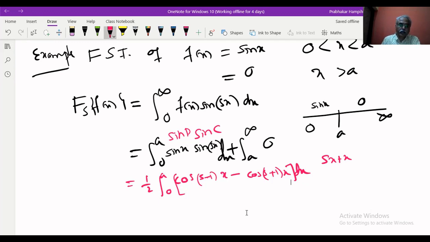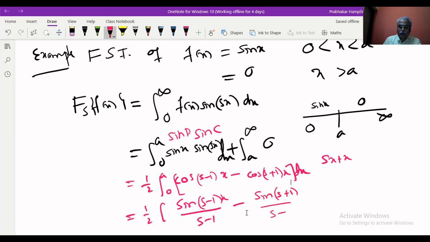Now it is straightforward integration, which is equal to half of: cos becomes sine, sine of s minus 1 x upon s minus 1, minus, as it is, sine of s plus 1 x upon s plus 1, with x from 0 to a.